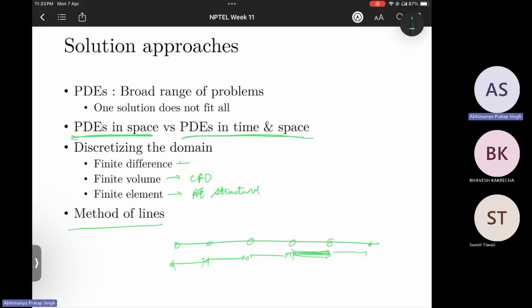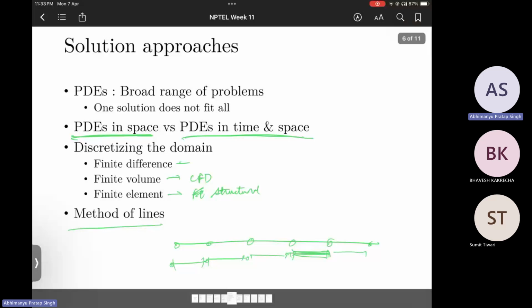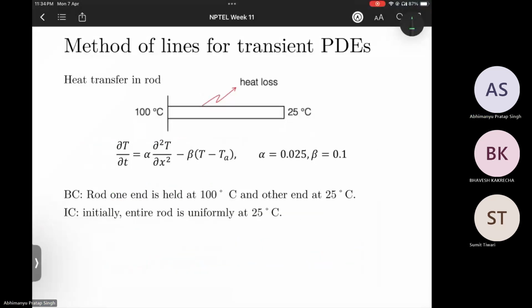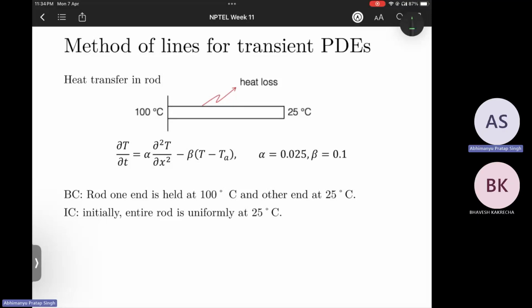So first, let us look at the method of lines for transient PDEs. We have this equation for a transient PDE, heat conduction in a rod.